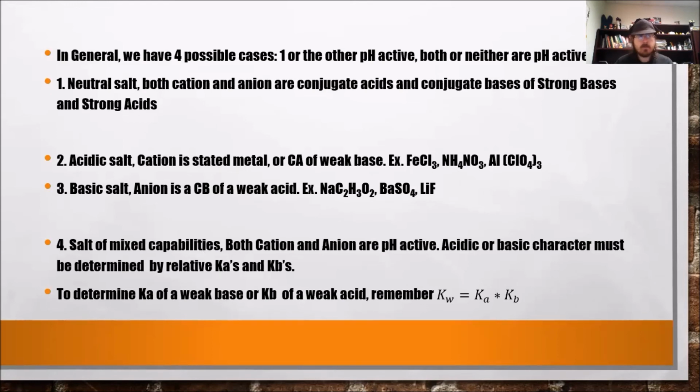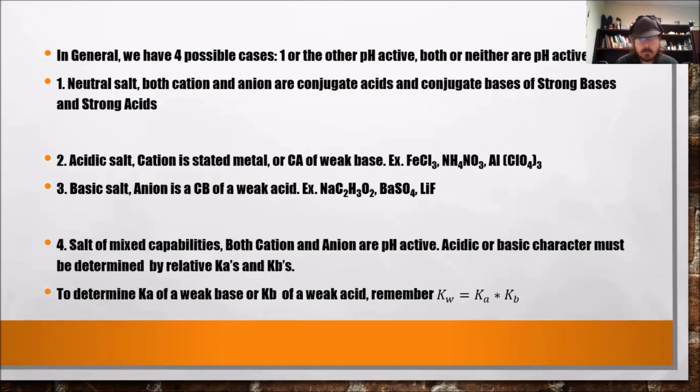When you see a salt and you mix it into solution and you're wondering, is the solution acidic, basic, or neutral? You split it into its cation and anion pair. And here's where you have to think about strong acids and strong bases. For a neutral salt, the conjugate acid of the basic ion, or the conjugate base of the acidic ion, would make a strong acid or a strong base.